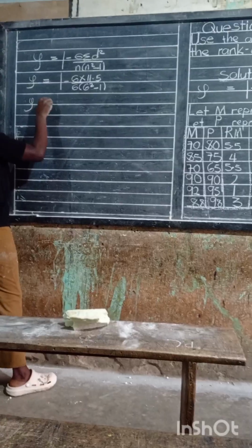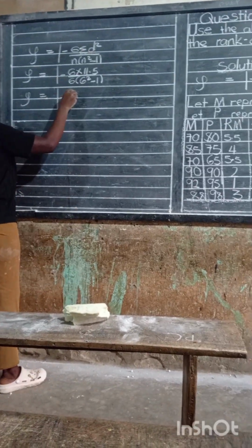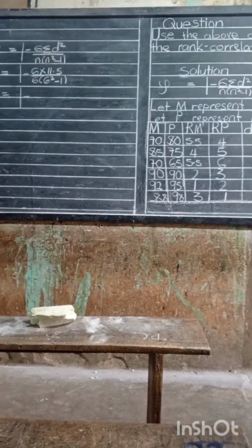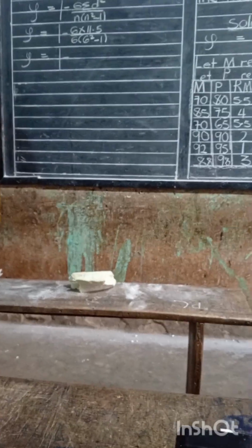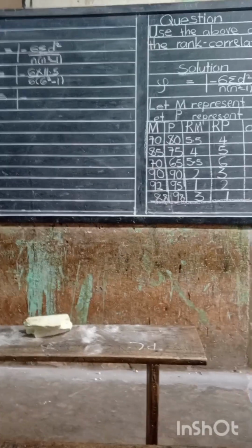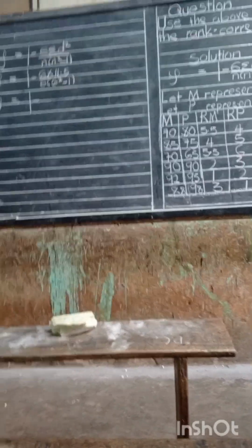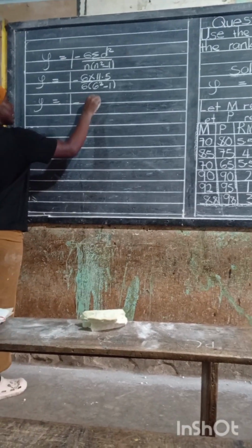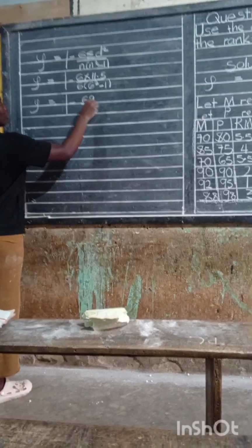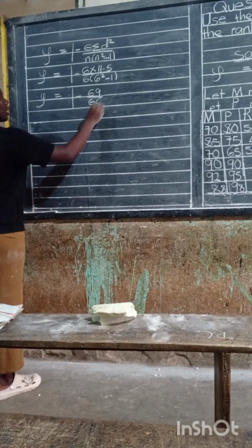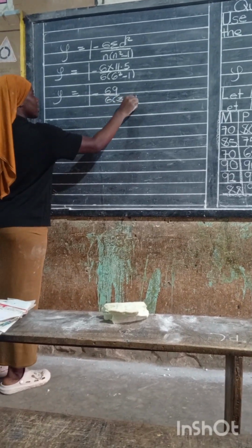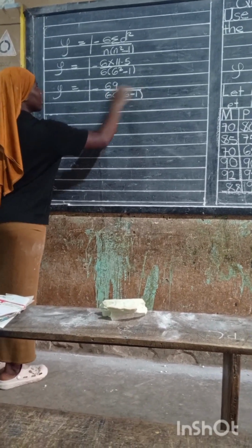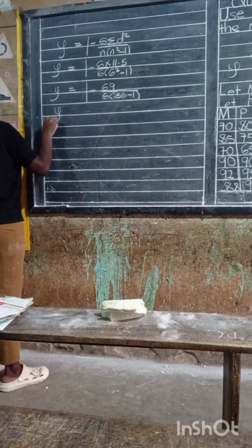So Spearman's is 1 minus, when I multiply this from my calculator, I get 69. It's going to be 69 out of 6 into 36 minus 1. So I continue.